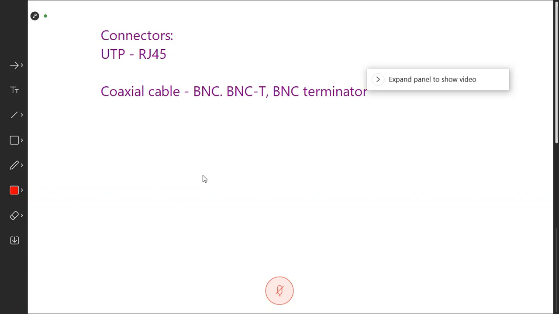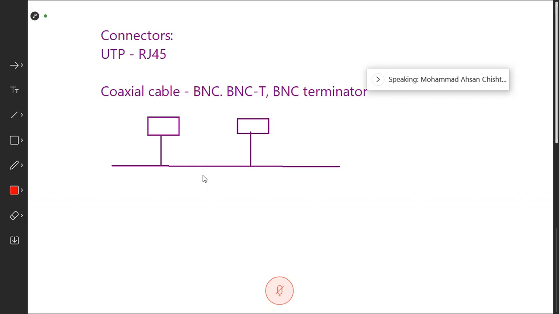Now, if you had seen the bus topology, wherein we had a link here, and then on it we had different devices connected to it, like this. What you typically use is RJ45 and so on.